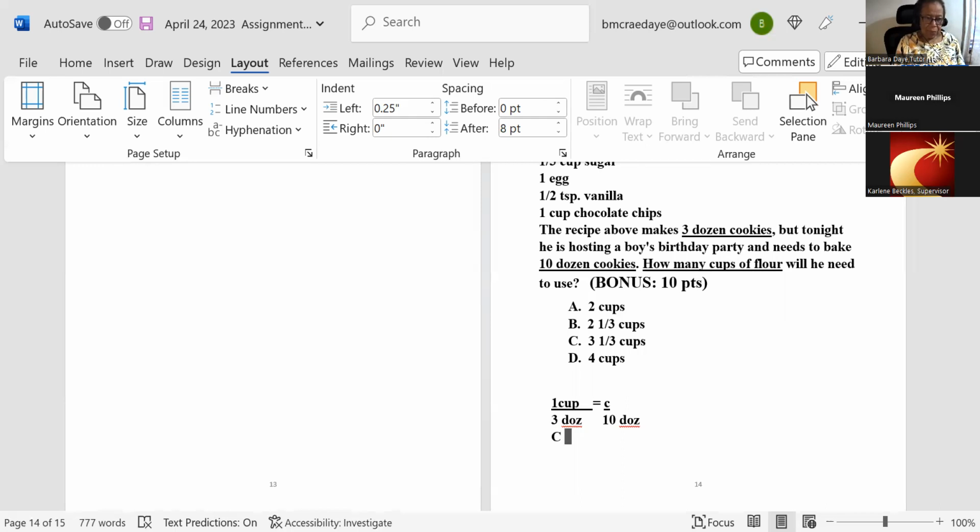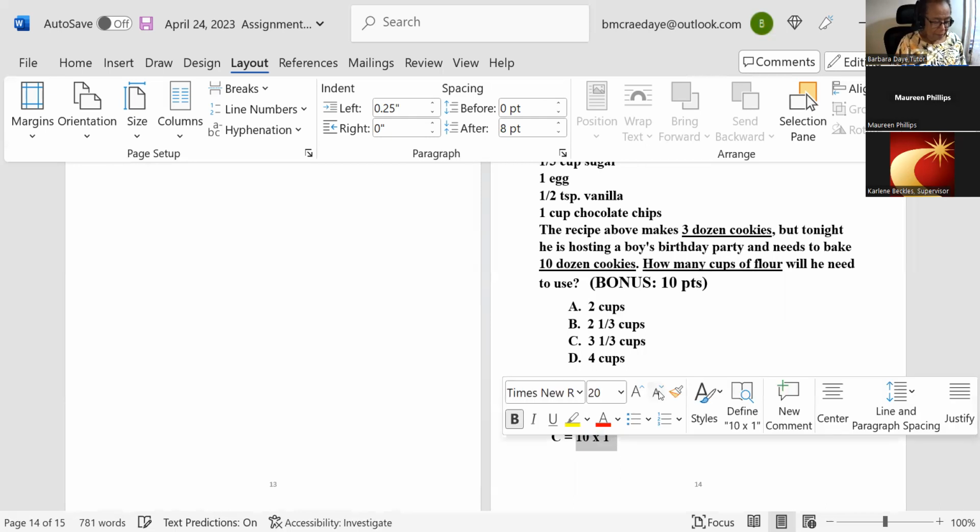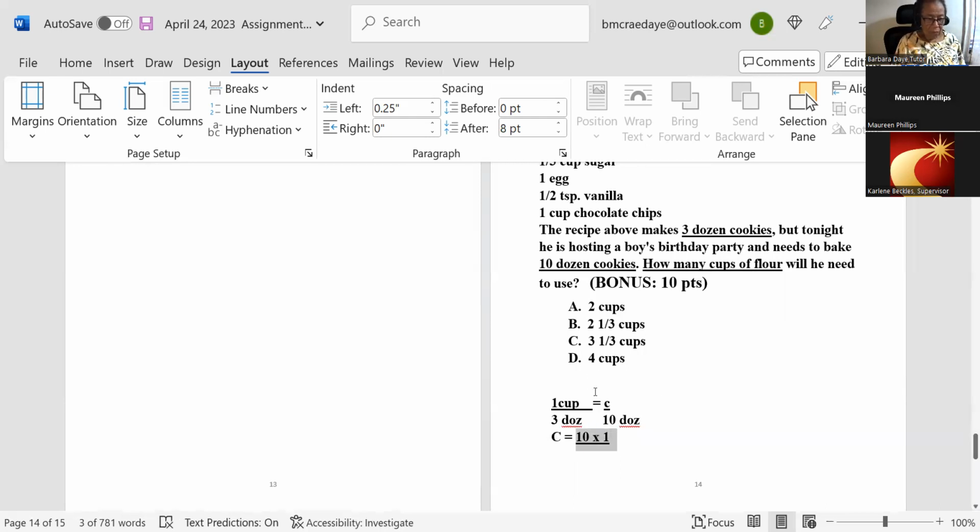C equals 10 times 1, which is 10, and that's divided by 3.